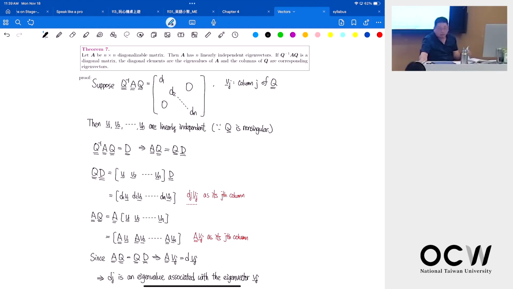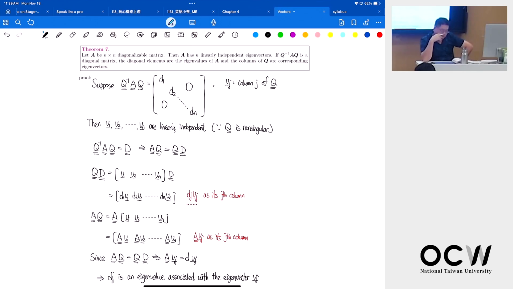Any questions for this one? We will use these concepts to solve systems of differential equations later, in a week.